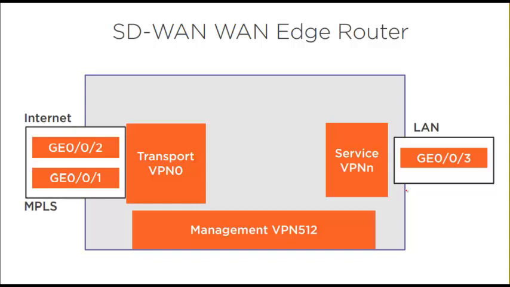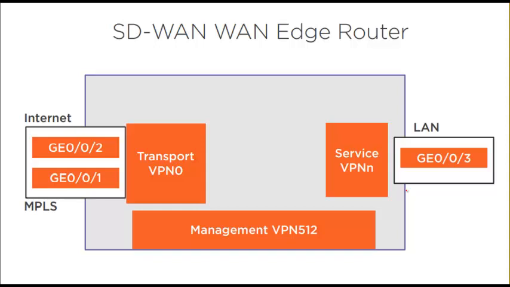So every interface in VPN 0 must have an IP address. And now we can have multiple tunnels configured with different colors, different encapsulations for WAN transport. One may be segment routing, one may be MPLS, one may be internet, one may be broadband.